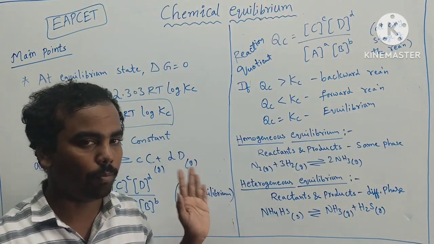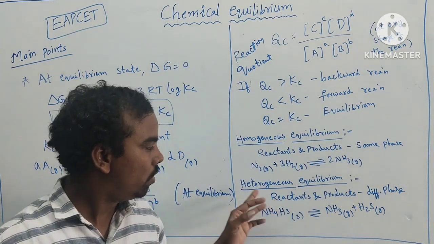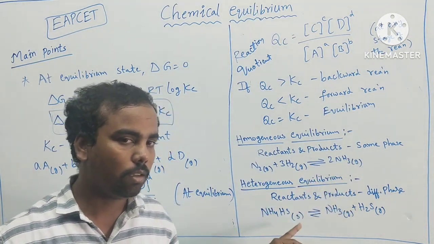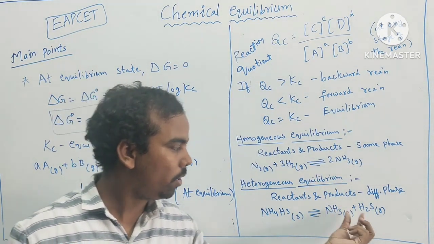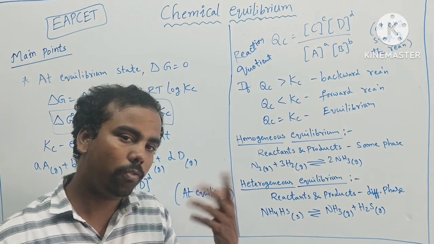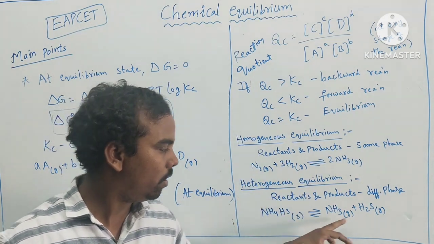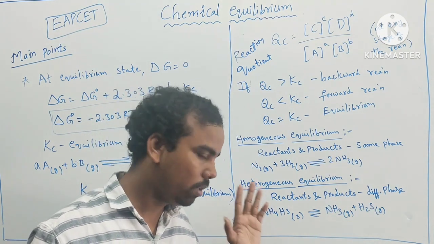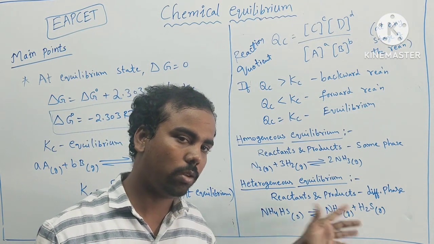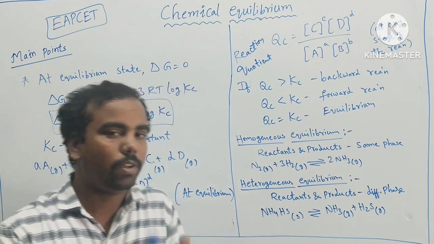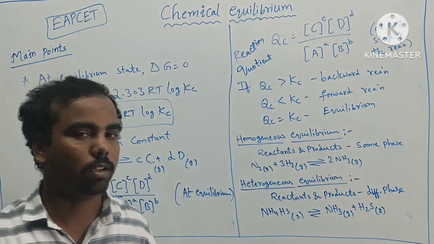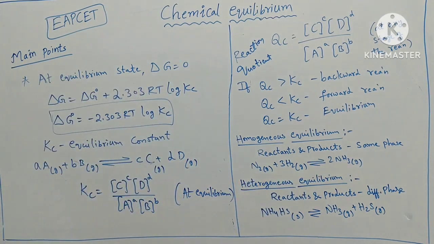Homo means same phase. Heterogeneous equilibrium means reactants and products where even any one is in a different phase. Solid, gas, or gas, solid, whatever different phases are there, that is called heterogeneous equilibrium. Okay, note this.